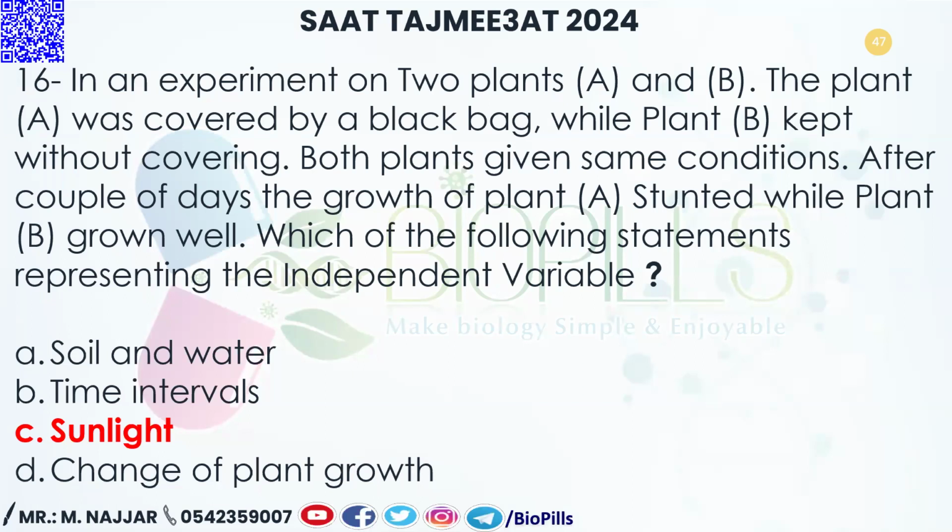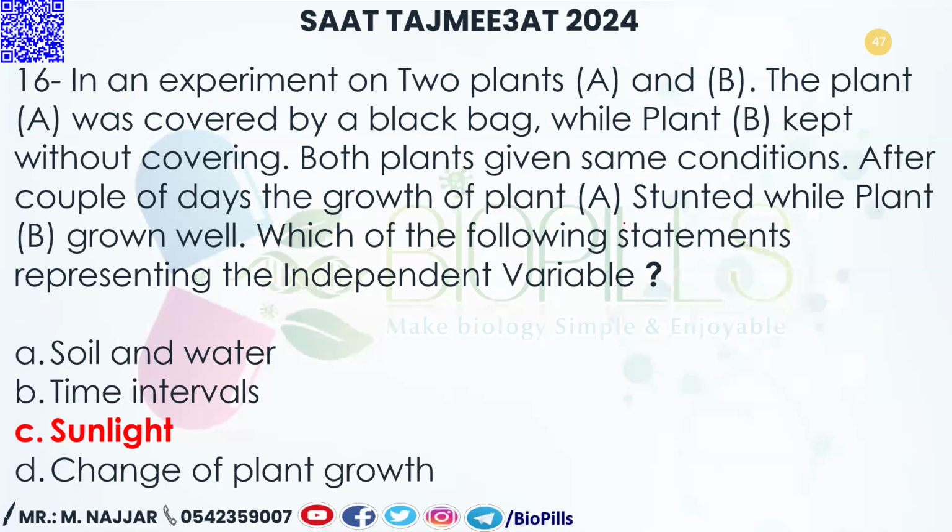You're right. The independent is the sunlight. The dependent is what is being observed and measured as per the change in the sunlight, which is the growth. When you change the sunlight, the growth will change. So what you change by your hands is the sunlight, so it is independent. Accordingly, the growth will change, so the growth is the dependent variable.